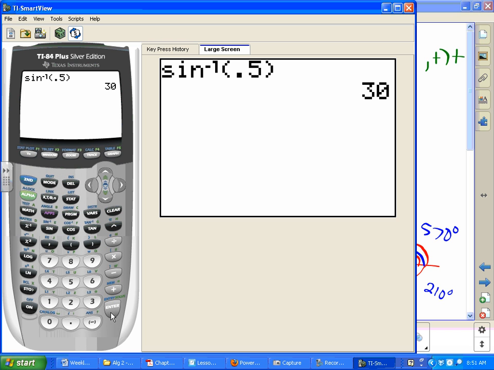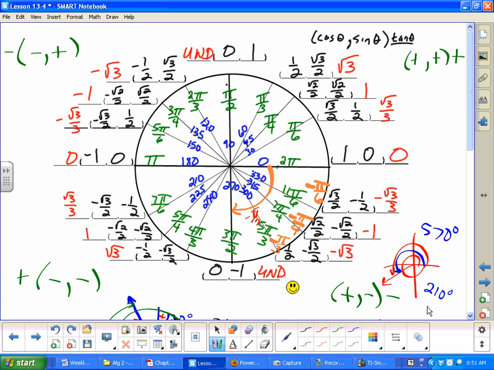Now, if we change it to -1/2, there's actually two possible answers I could get, because sine is equal to negative 1/2 at 7 pi over 6 or at 210, but it's also equal to negative 1/2 at 330.